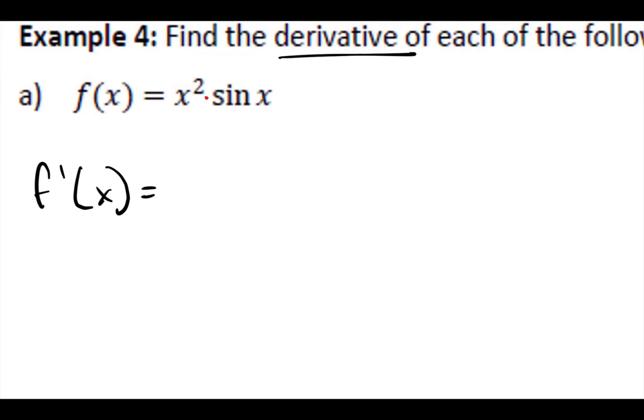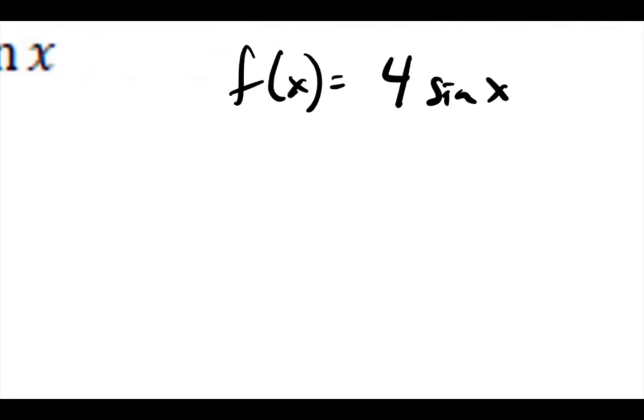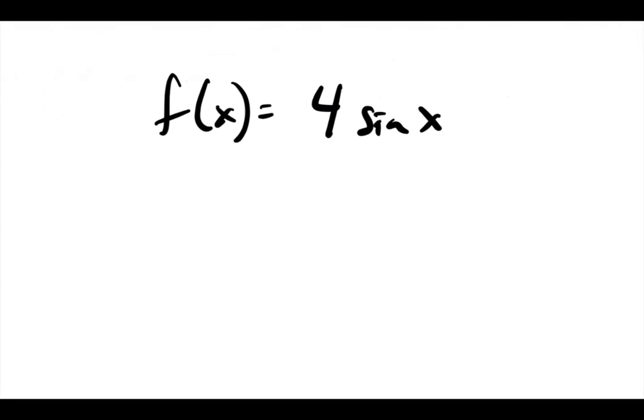Anytime I have two functions multiplying times each other, and I have to find the derivative of them, that's the definition of using the product rule. Now, if this was instead four times sine of x, would I have to use the product rule here? No, because that's not a function.